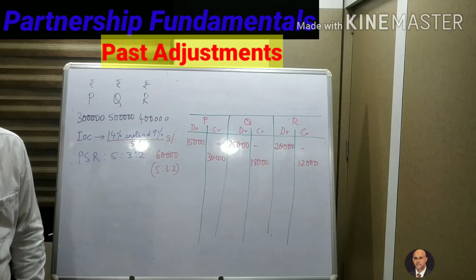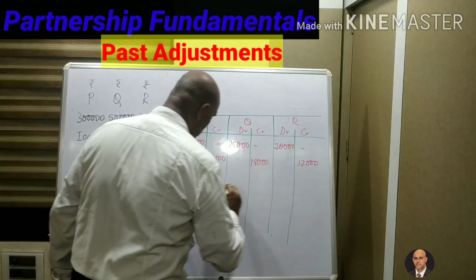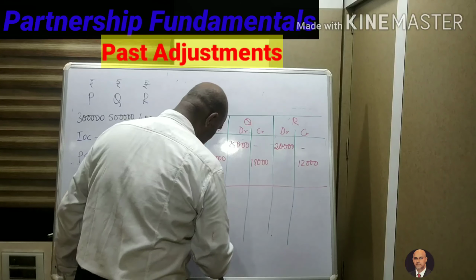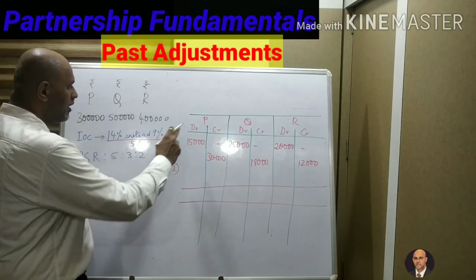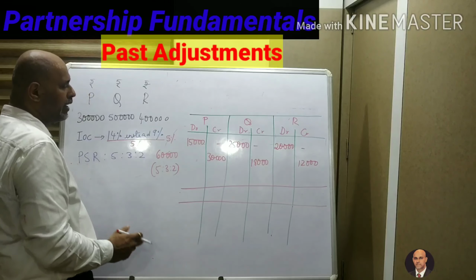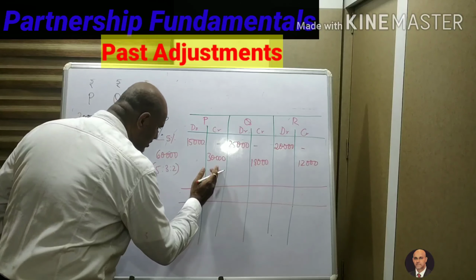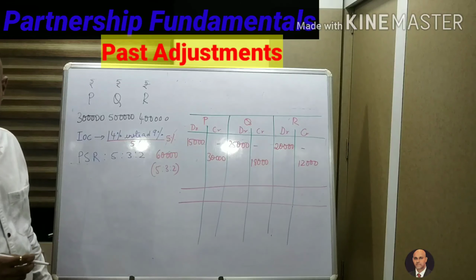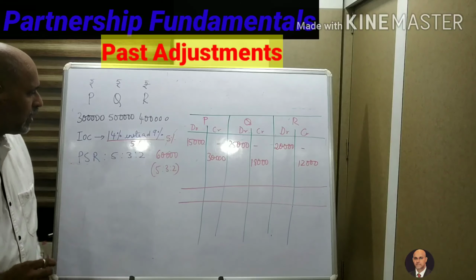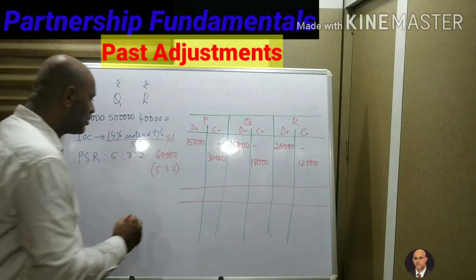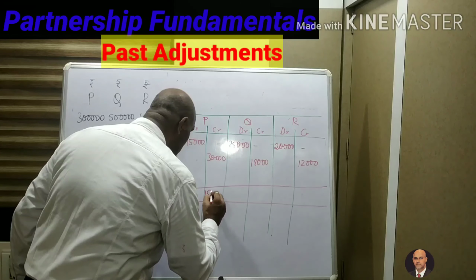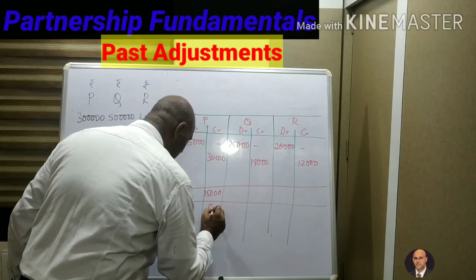Okay. So now we check out what happens. In the case of P, we find that P's credit is 30,000 and P's debit is 15,000. So 15,000 greater credit.